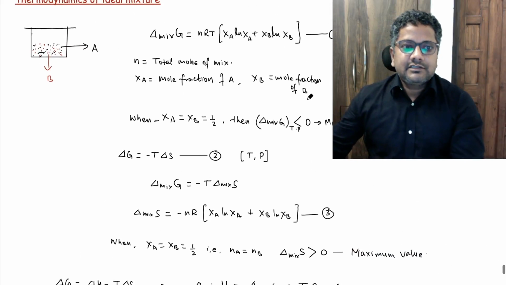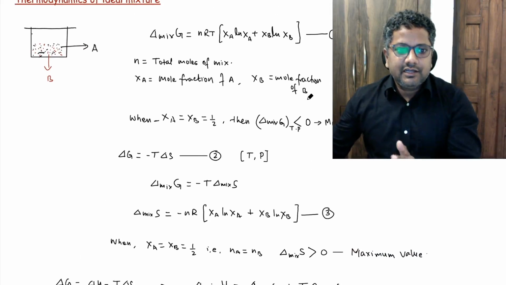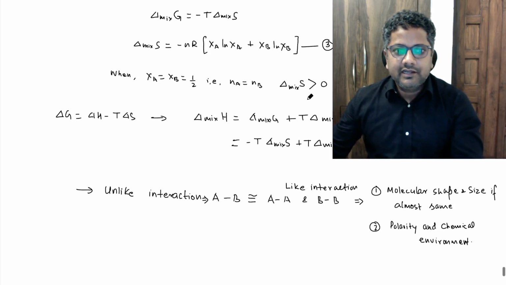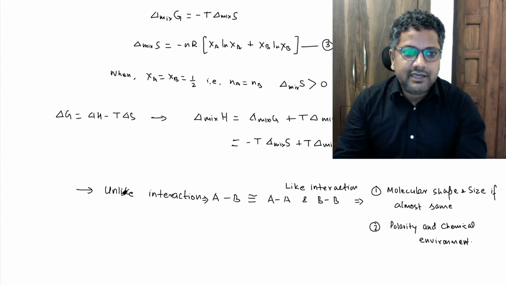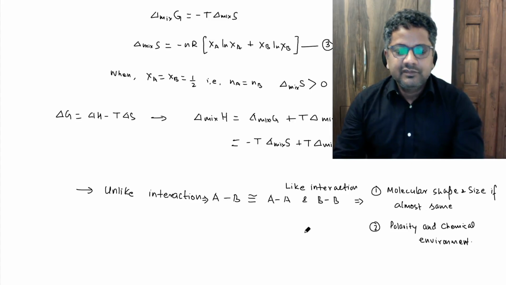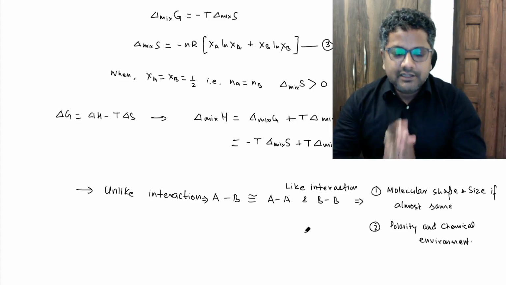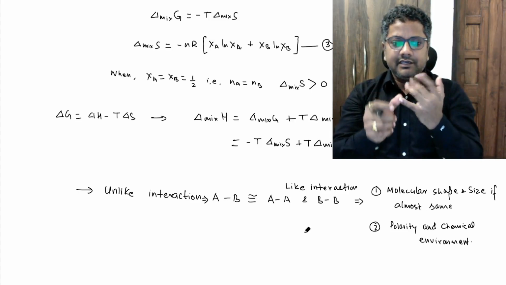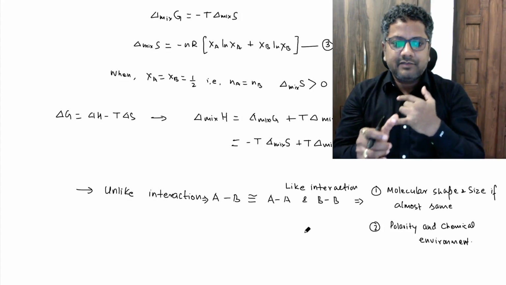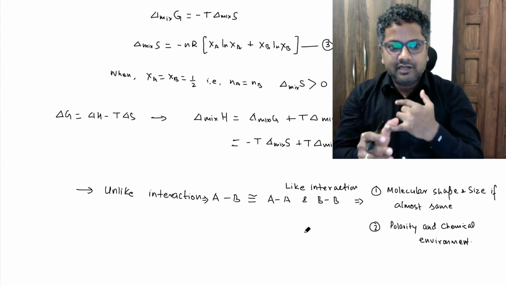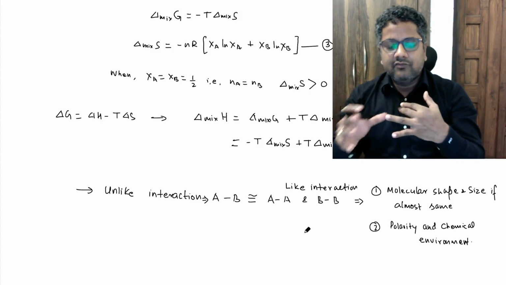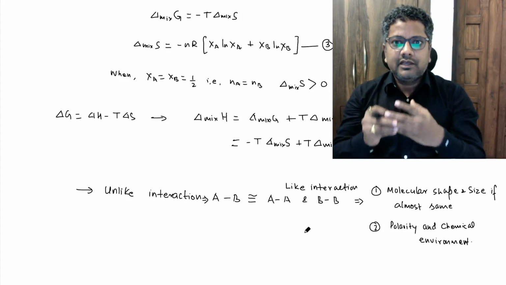So this is delta G mixing, delta S mixing, and delta H mixing for any ideal mixture, and this is the explanation. For any ideal mixture, what should be the criteria? The criteria is that the molecular shape and size of both components are almost the same, and their polarity and electronic environment in the molecule are almost similar.